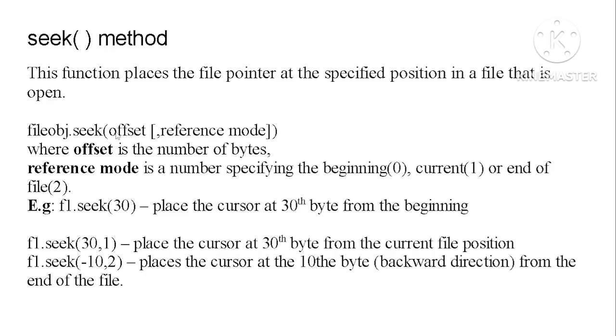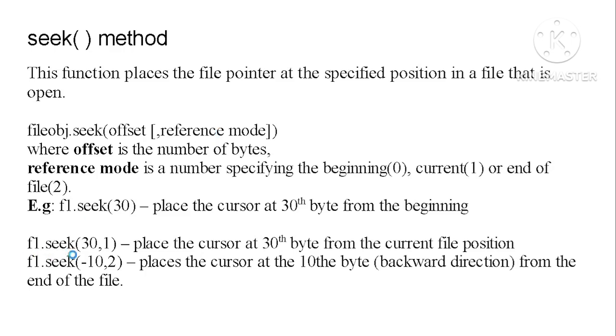The first one is offset. Offset means the number of bytes you wish to move the cursor. Reference mode is from which position. Reference mode has three types. Reference mode is a number which has values 0, 1, 2. So when you say f1.seek of 10, 0, 10 is the number of bytes, 0 is the beginning of the file, which means from the beginning, move the cursor 10 bytes.